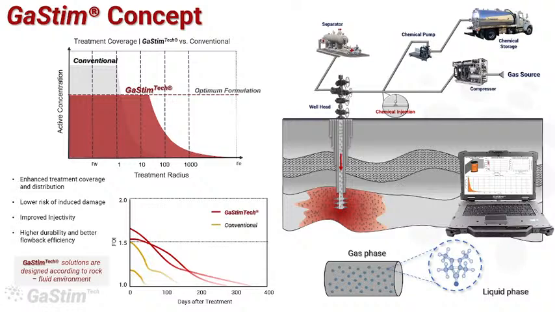and intervention. On the right of this slide, you can see what consists of a typical surface facilities scheme of a typical gas-type treatment.